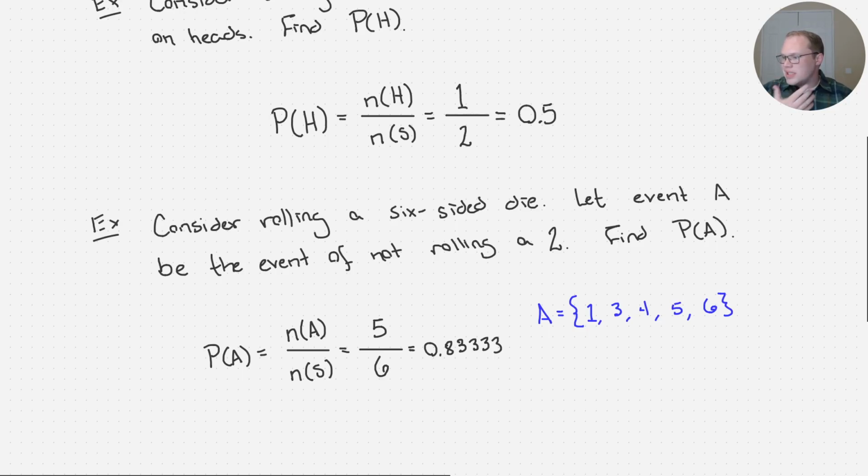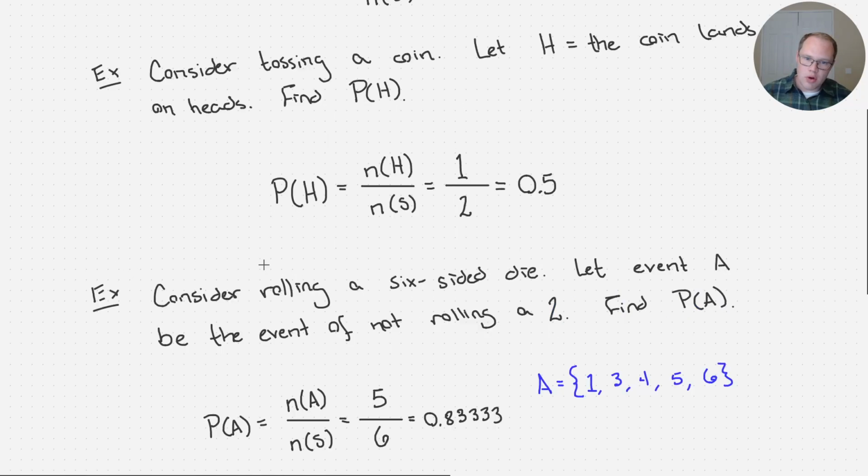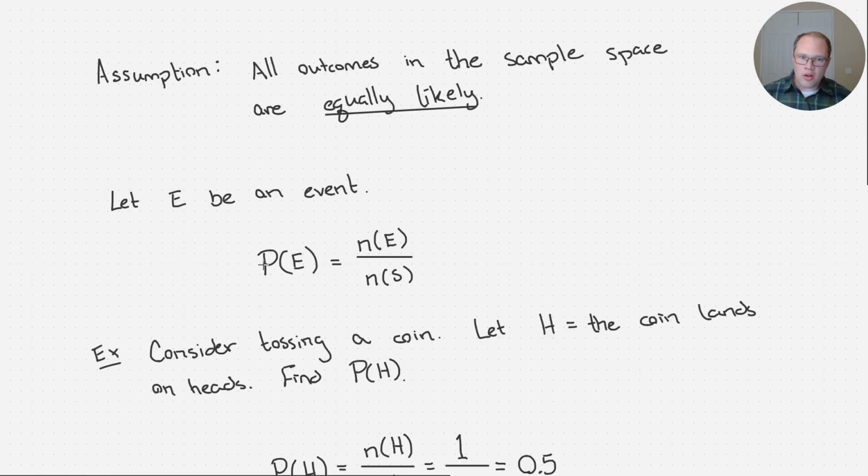So this is the way we're going to calculate it in this section, so not too complicated. It is important to note, though, that not all experiments have outcomes that are equally likely. We're assuming it for this section. That's all you need to worry about for this section. But it is possible that there are experiments where the outcomes are not equally likely. For example, say the weather forecast predicts that tomorrow there's a 70% chance of rain. Well, there are only 2 outcomes.